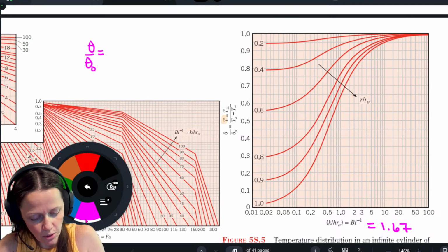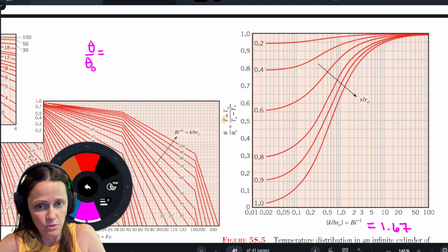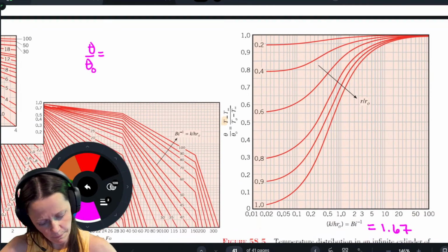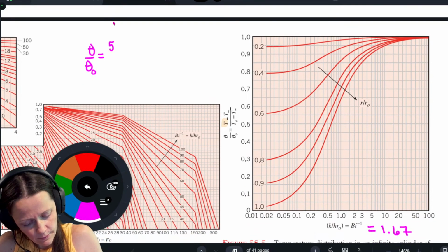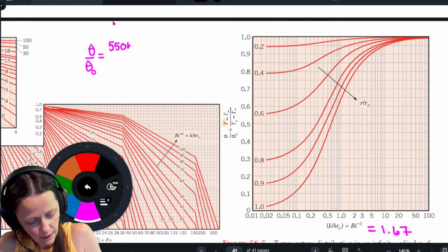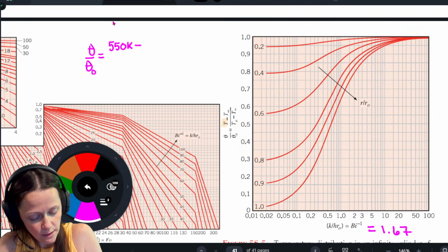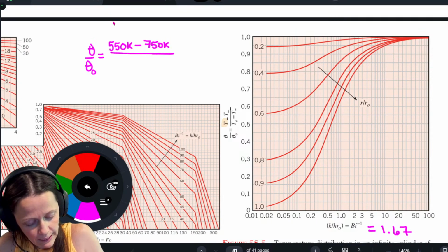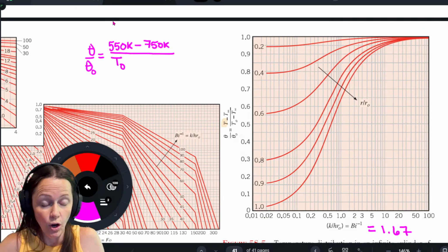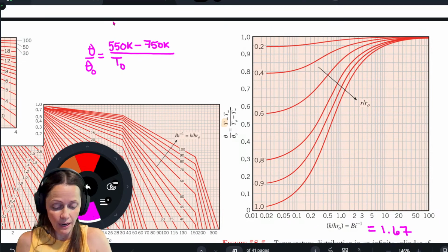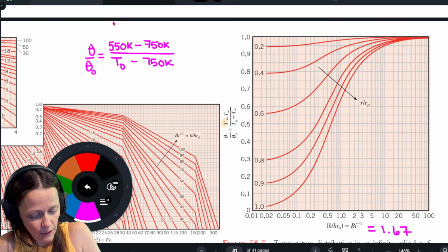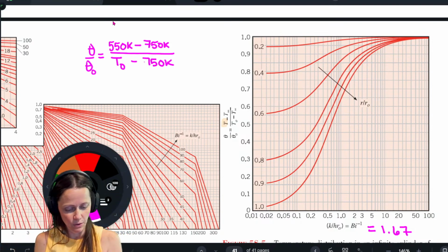It's the temperature at the surface, which was 550, right? 550 Kelvin minus T infinity, 750 Kelvin, over the temperature at R equals 0 at the same time that the surface temperature is 550 Kelvin, minus the T infinity. So if I can pull that value off, then I'll be good.